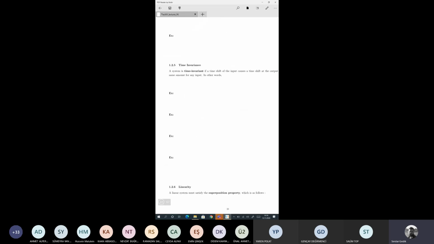As an example of an unstable system, I have y of t, which is the integral from minus infinity to t of x of tau d tau. This is an integrator. It integrates the input. Again, let's say x of t is u of t.